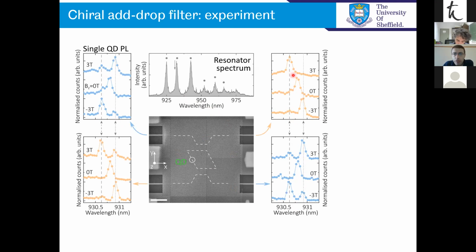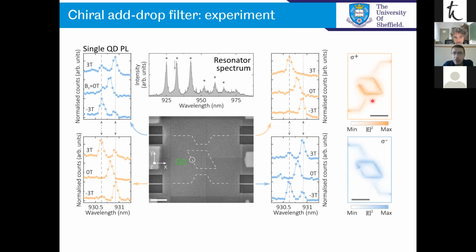In this case, at positive field, it's the short wavelength peak that is seen in both cases, whereas at negative field, we see the long wavelength peak. So this is essentially a bidirectional chiral coupling from a quantum dot into this 4-port system, and it agrees with the simulation. We also have data for coupling to the next longer wavelength mode, which shows the same behavior, demonstrating this can potentially be a broadband effect.